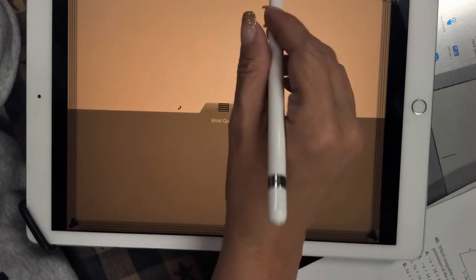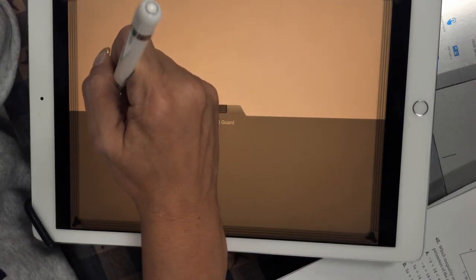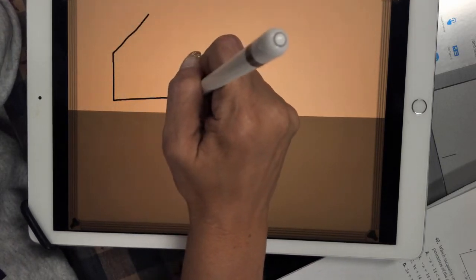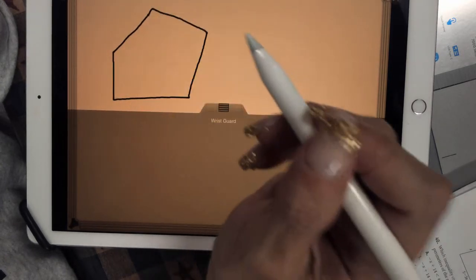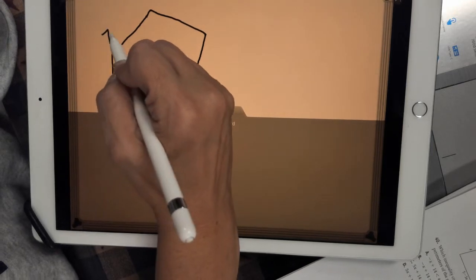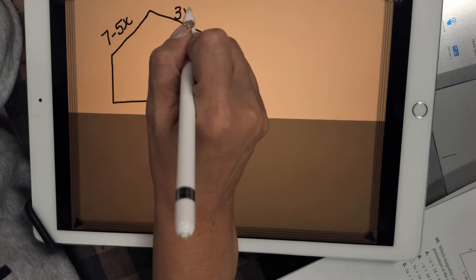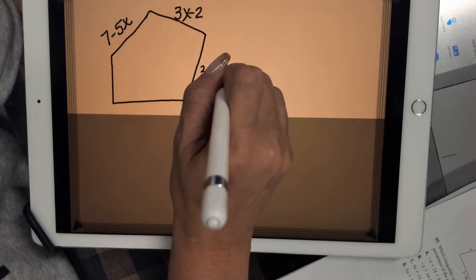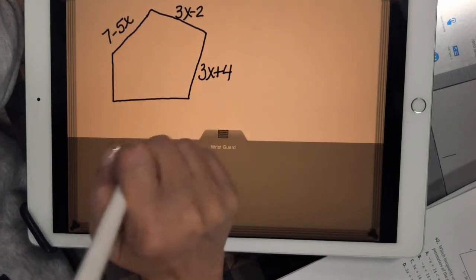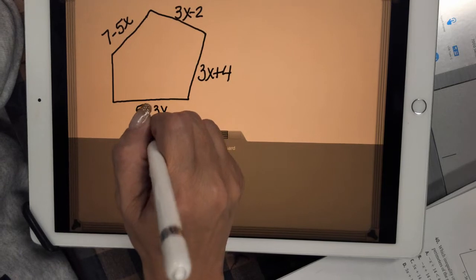Okay, 40. I'm going to try and draw this picture. Y'all be reading it while I'm trying to draw it. Okay, it's not the greatest, but it'll work. 7 minus 5x, 3x minus 2, 3x plus 4, 5 minus 3x, and x.